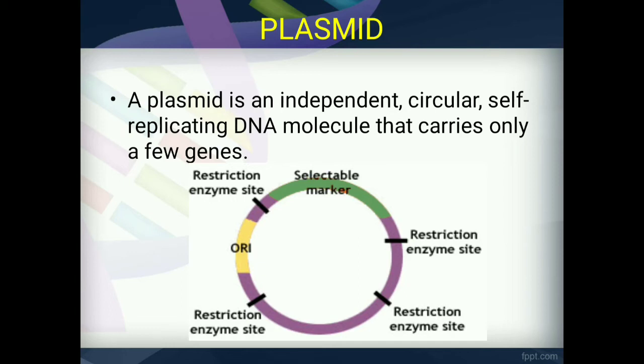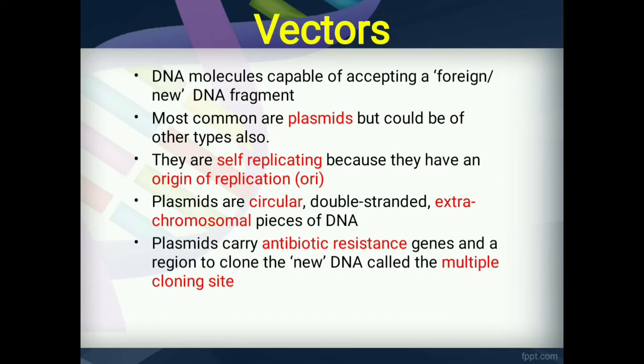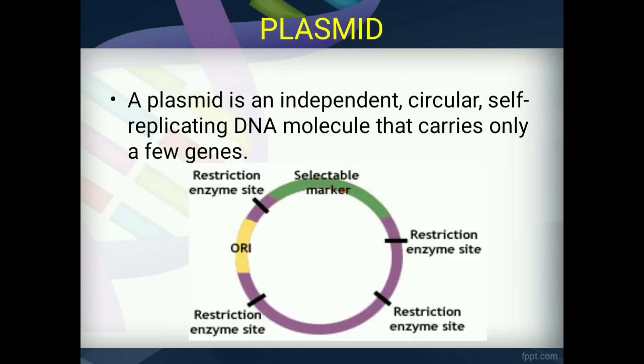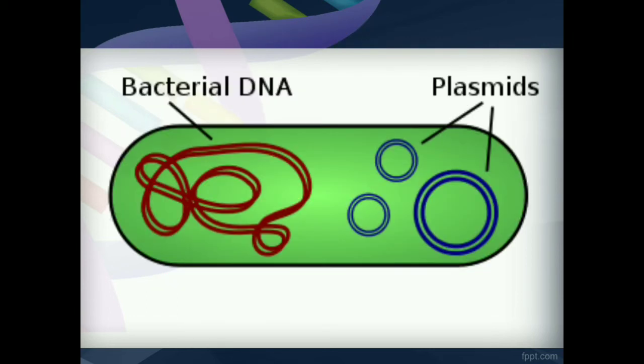It has a selectable marker, and restriction enzyme sites at different locations, and also the origin. Here you can see the plasmid in a bacterial DNA, the bacterial DNA and plasmid DNA.